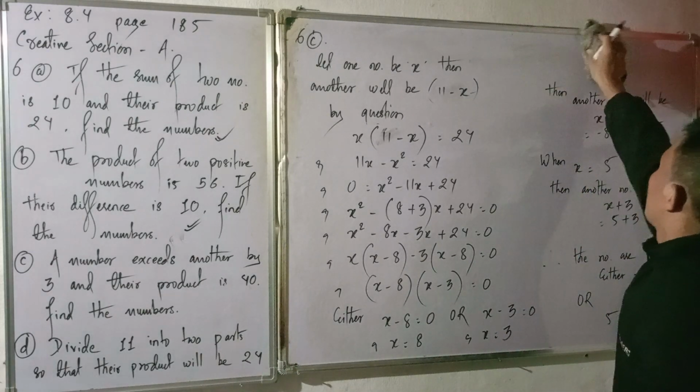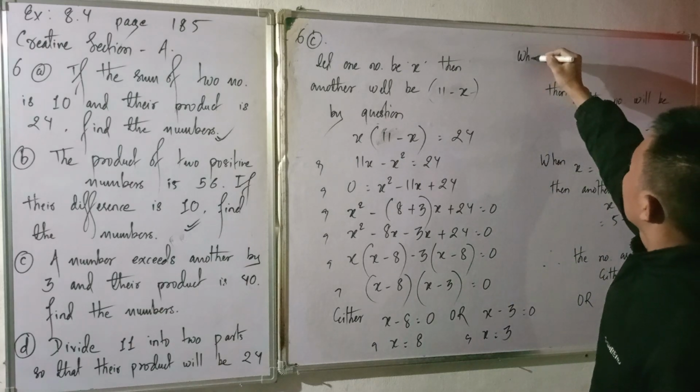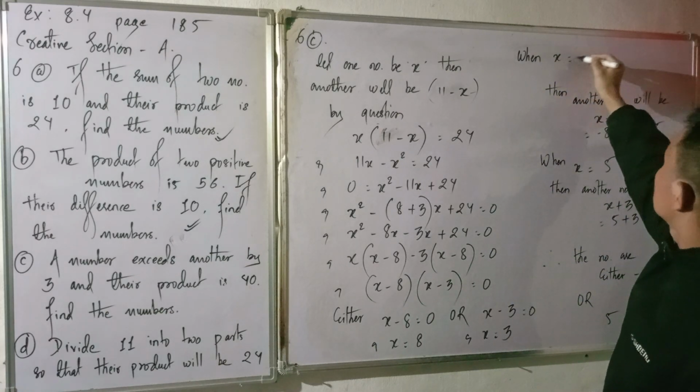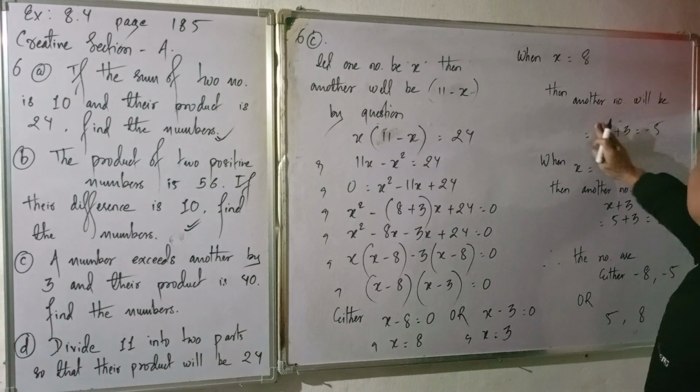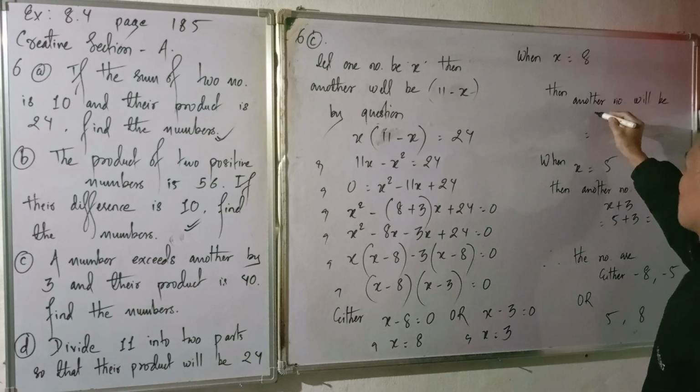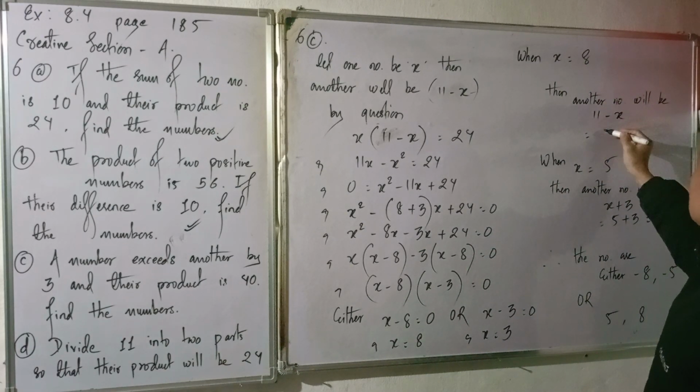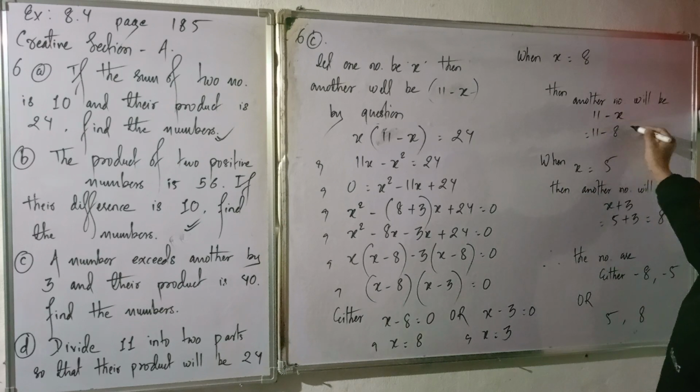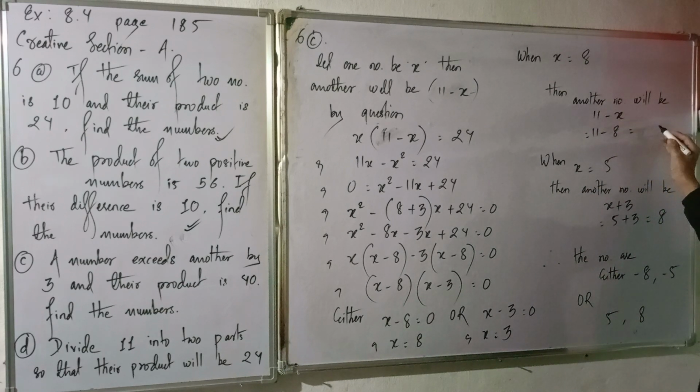Therefore when x is equal to 8, then the other number will be 11 minus x, that is 11 minus 8, which is 3.